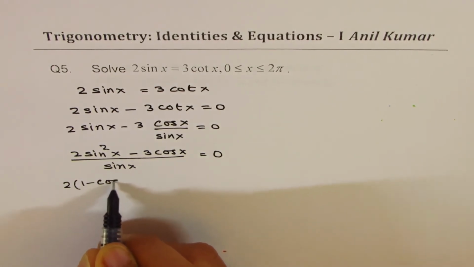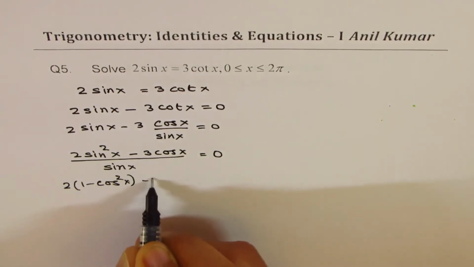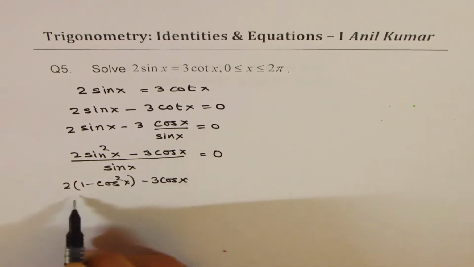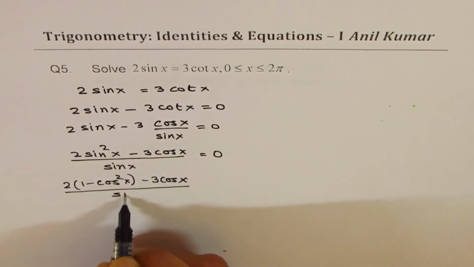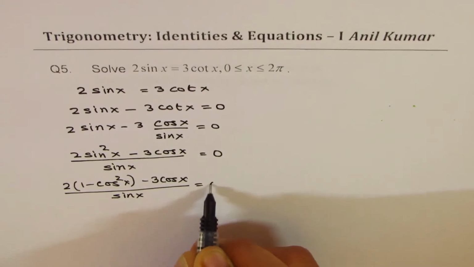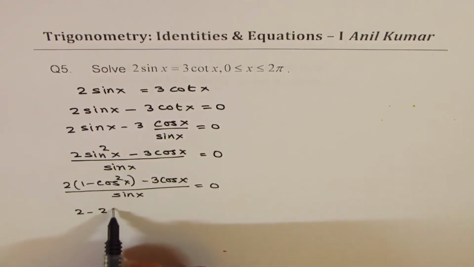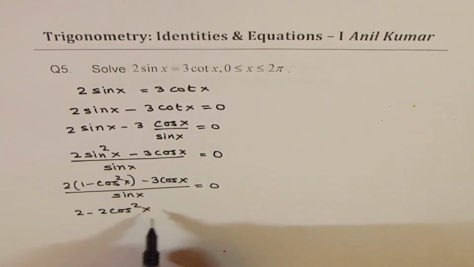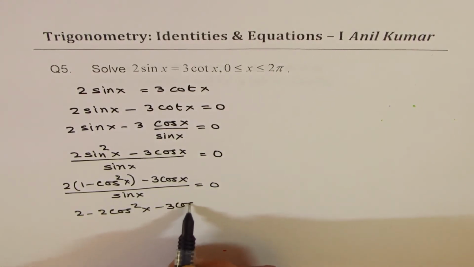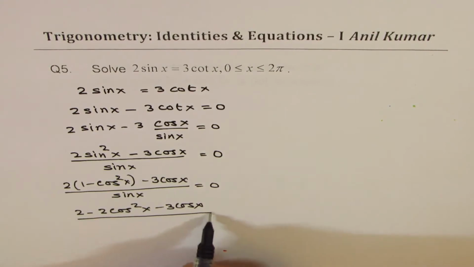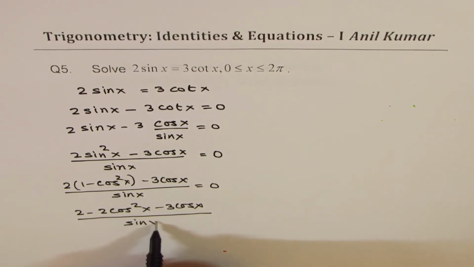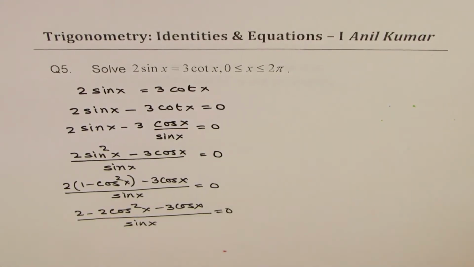So it is 2 times 1 minus cos square x minus 3 cos x over sin x equals 0. So if you open it, you get 2 minus 2 cos square x minus 3 cos x over sin x equals 0.